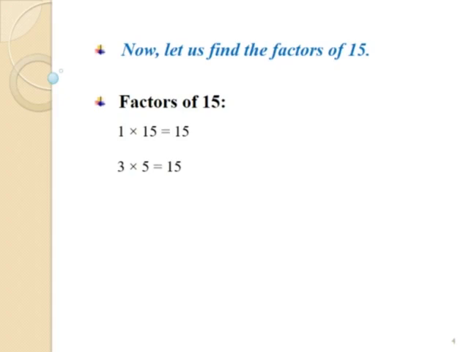Thus, 3 and 5 are the factors of 15. Multiplying 5 by 3, we get 15. Thus, 5 and 3 are the factors of 15. Multiplying 15 by 1, we get 15. Thus, 15 and 1 are the factors of 15.